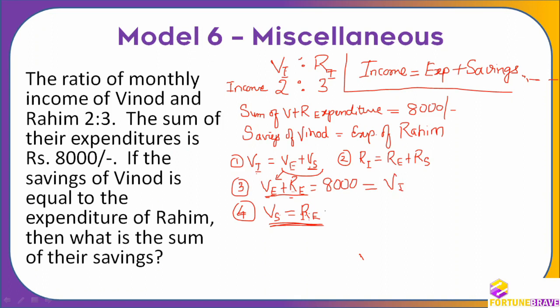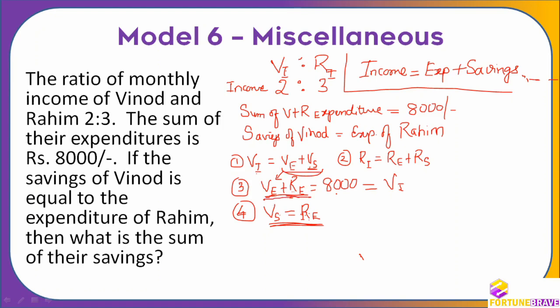Yes or no? Go through again. Very cleverly this question has been posed. So Vinod expenditure plus Rahim expenditure is equal to 8,000. Rahim expenditure is equal to Vinod savings, so these are equal now.